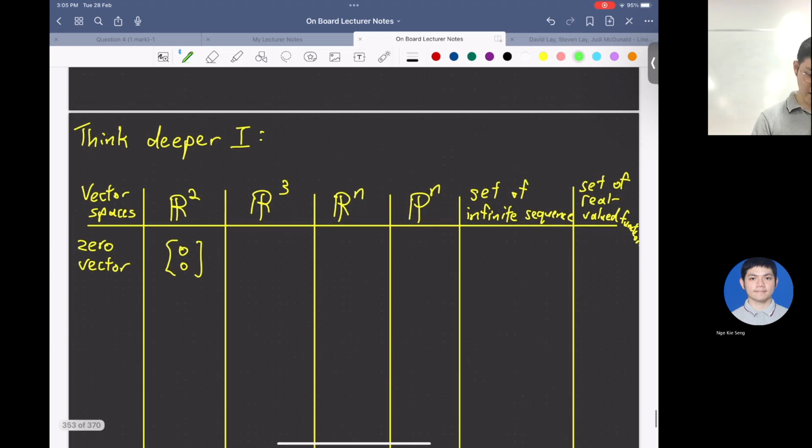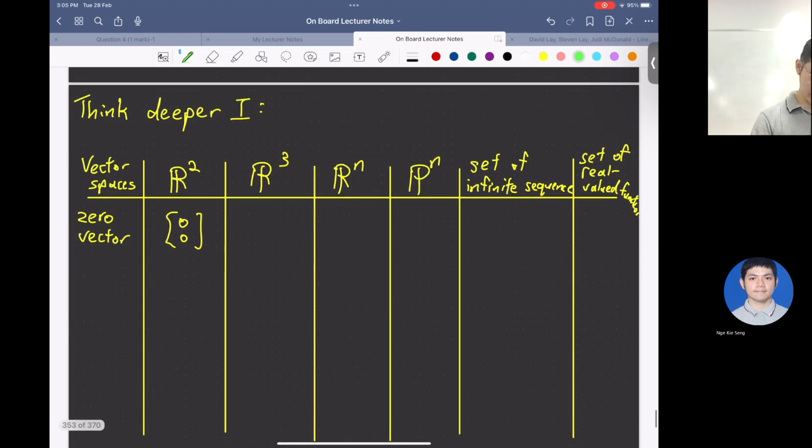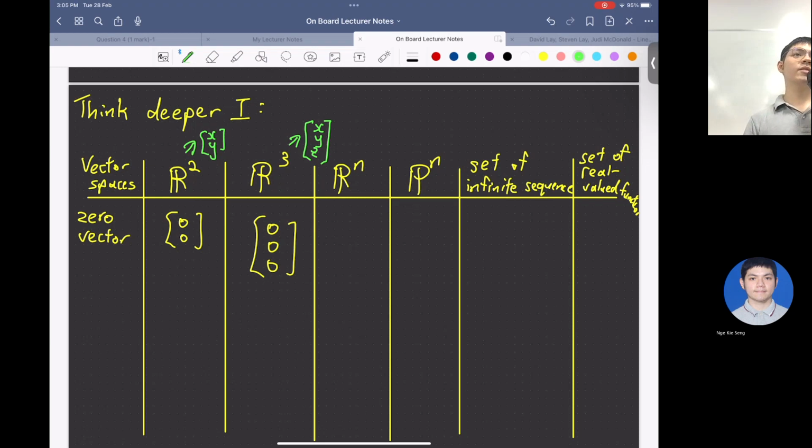Because anything in R2 looks like x1, x2, a tuple of numbers. How about in R3? The zero vector is 0, 0, 0, because anything in R3 looks like x, y, and z, a tuple of 3.